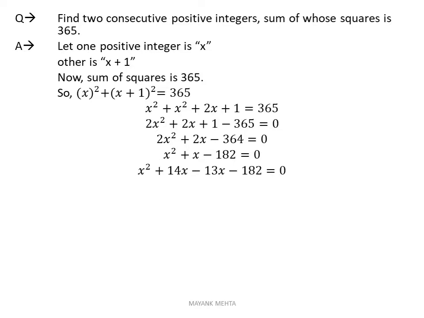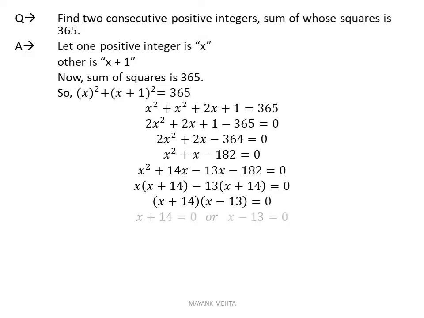You will split the middle term as plus 14x minus 13x, and then you will factorize it. So (x plus 14)(x minus 13) is equal to 0. If the multiplication of two numbers is 0, then either of them is 0. So either x plus 14 is 0 or x minus 13 is 0. So either the value of x is minus 14 or x is equal to 13.